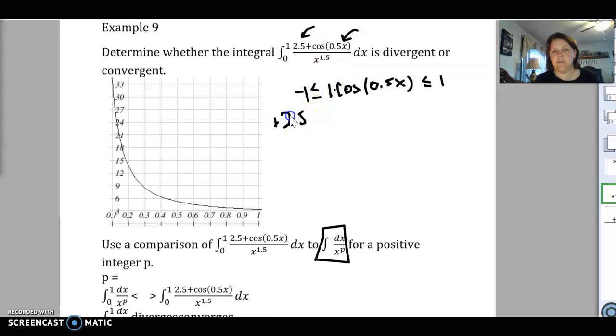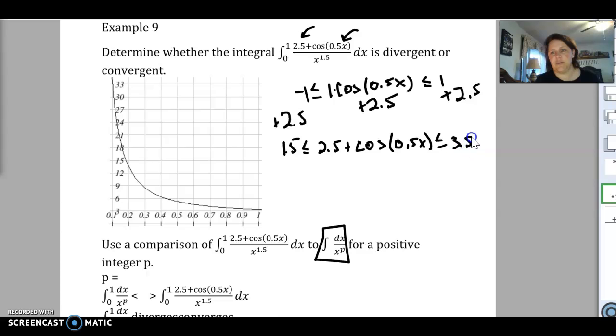If I'm going to add 2.5 to the middle, I also have to add 2.5 to all sides of my inequality. So now I'm going to have 1.5 is less than or equal to 2.5 plus cosine of 0.5x, which is less than or equal to 3.5.